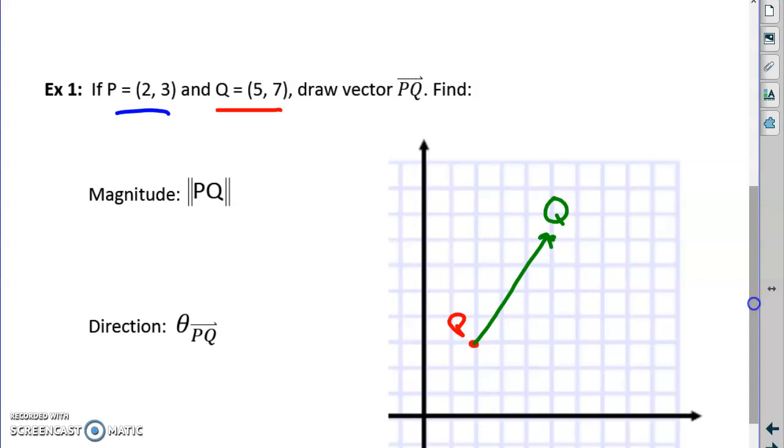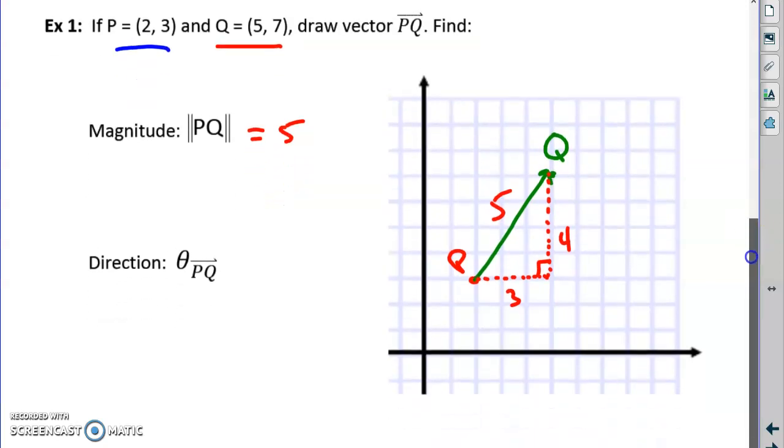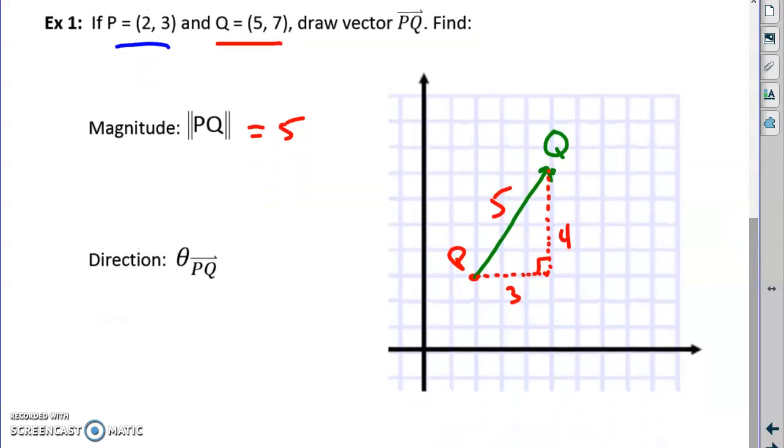Now, we can find the magnitude a bunch of different ways. We could use old Sleepy Owl from geometry. We could also use the Pythagorean theorem and count boxes. That's 3, that's 4, so we would all know that the magnitude of that vector is 5 units. And by using that same triangle, we can figure out what the direction of that vector is.